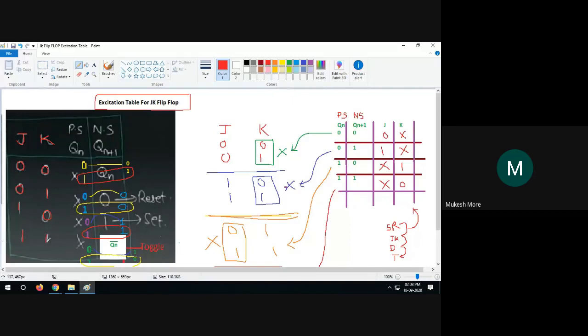So these four combinations we use to find the present state and next state of the JK flip-flop.